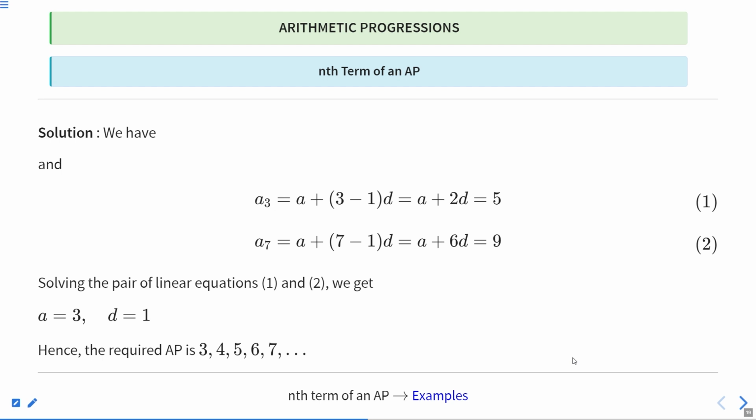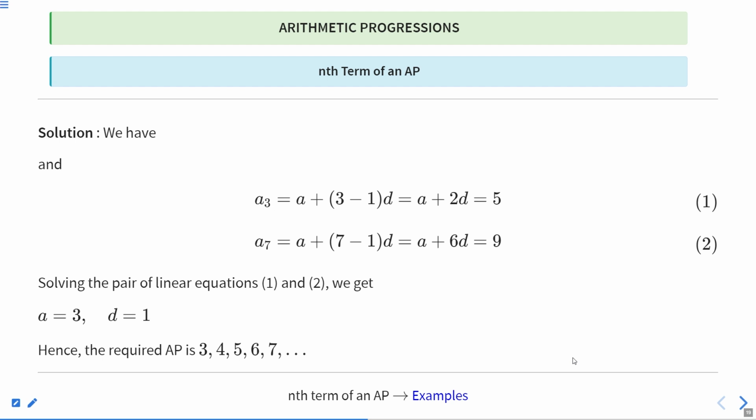Now we get a pair of linear equations. We have studied in our previous chapter how to solve a pair of linear equations by using algebraic methods. There we studied two main methods, the elimination method and the substitution method.